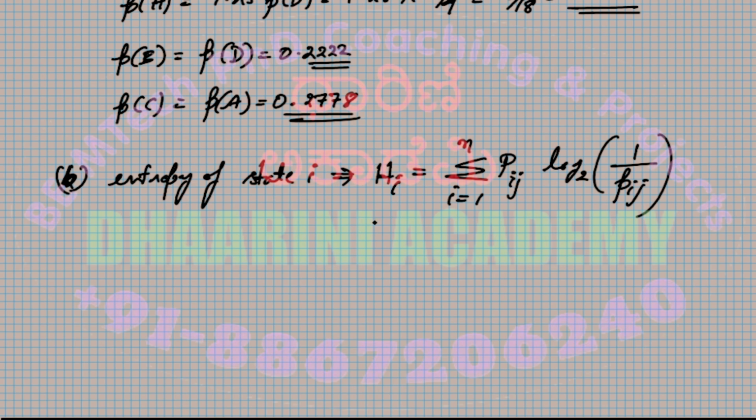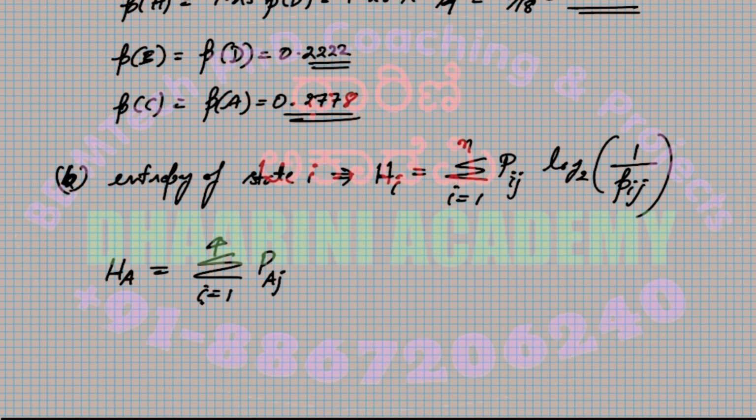Now I'll try to write the specific case. HA, the entropy of state A, is equal to the summation. How many total states do you have? 4 states, right? It is the probability of moving from A to any jth state.